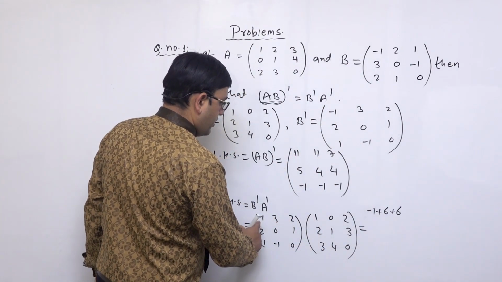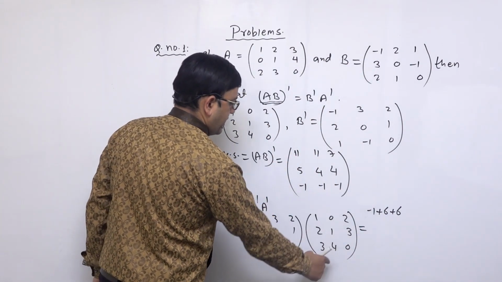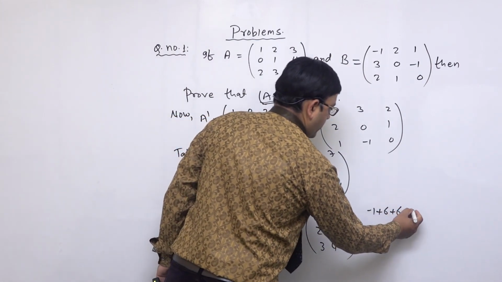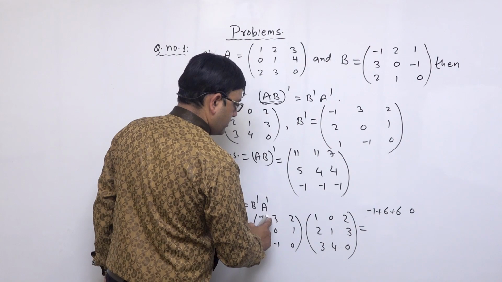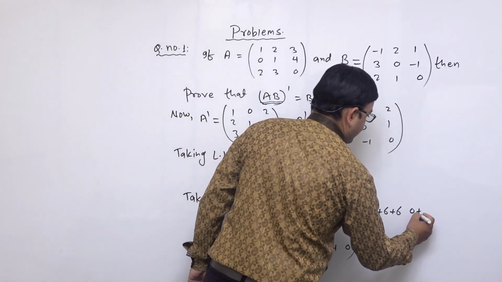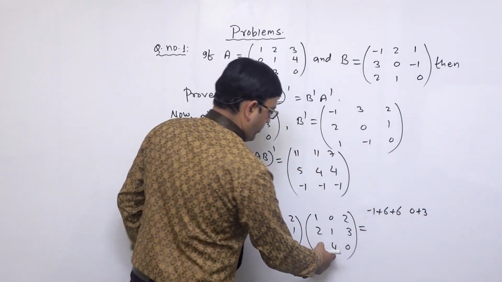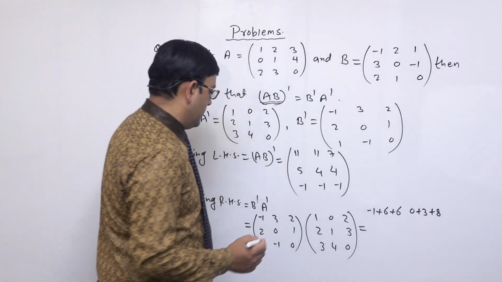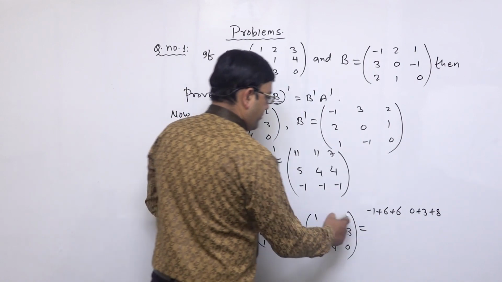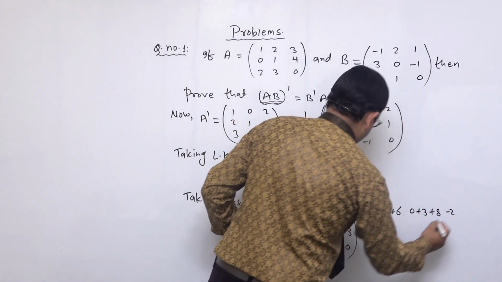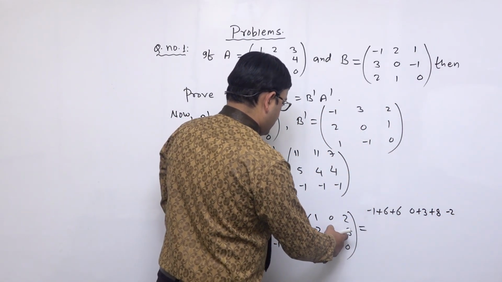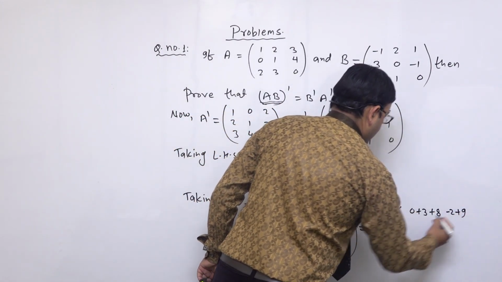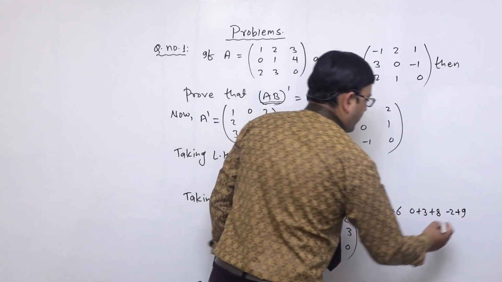Similarly, first row to second column: -1 times 0 is 0, 3 times 1 is 3, 2 times 4 is 8. Similarly, -1 times 2 is -2, 3 times 3 is 9, and 2 times 0 is 0.